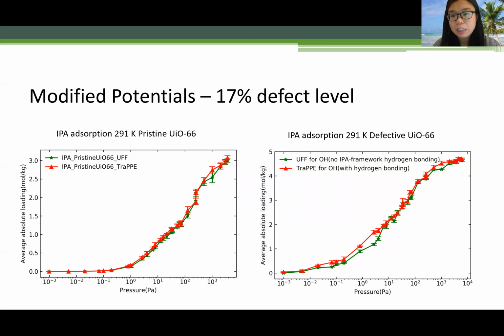You can see that hydrogen bonding to mu3-OH does not impact adsorption of IPA in pristine UiO-66, but it has some level of impact on IPA adsorption in defective UiO-66, especially at low pressure.